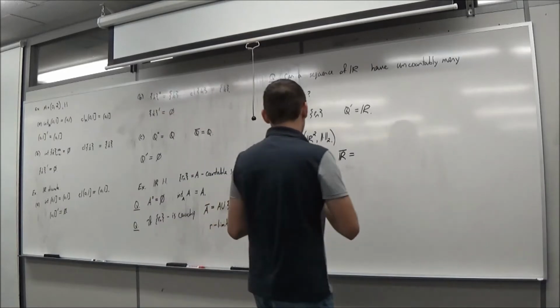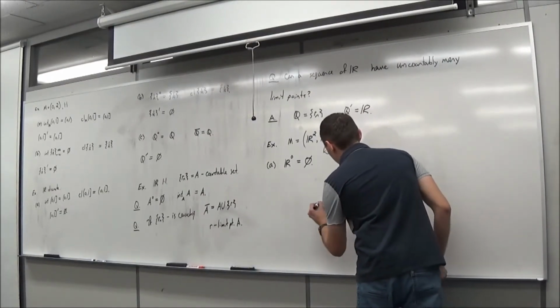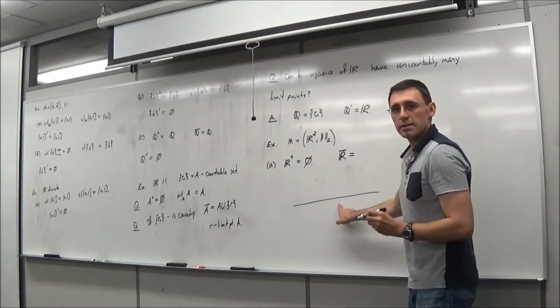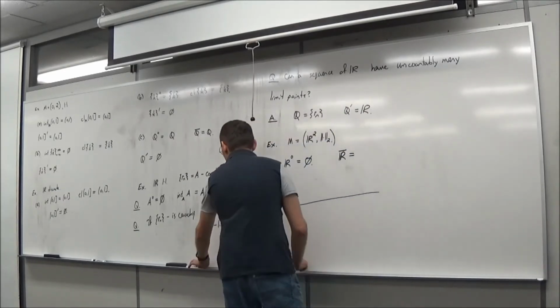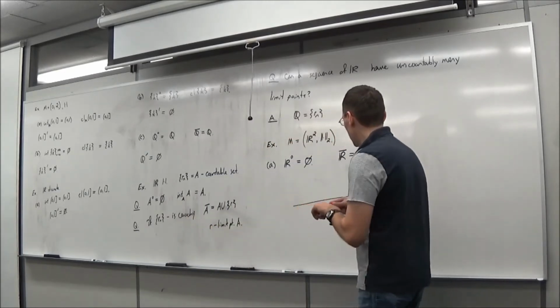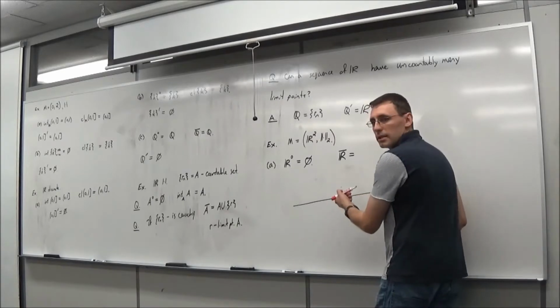Yeah, just draw a picture of it. Here is that line. So this is R, okay? And it goes anywhere else. Well, if I pick a point that is not on this line, let's say above the line, is this a limit point of the line?